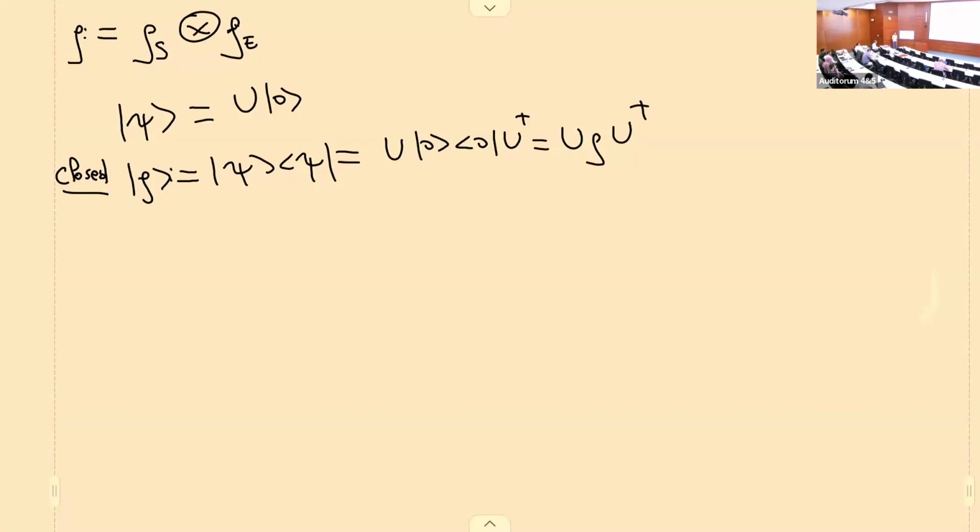So now the question is, I start my quantum system in |0>, and let's say the environment doesn't move. So I have a fixed environment, I couple it, and then rho at time t is U rho 0 U dagger, because I perform some computation for the whole closed system.